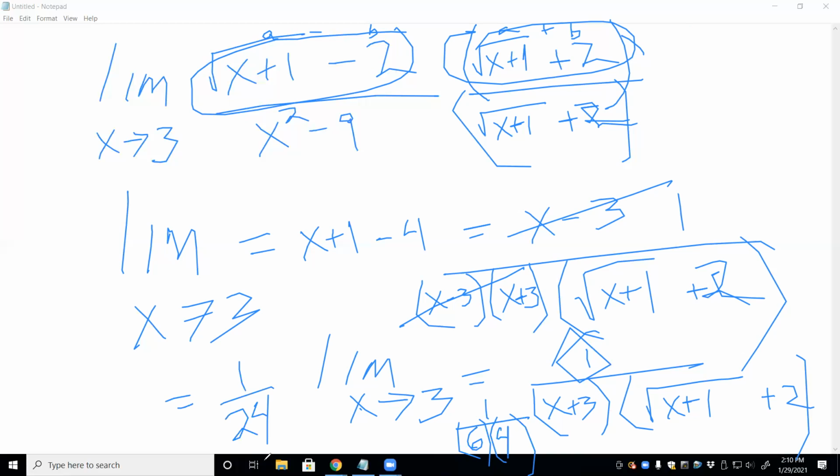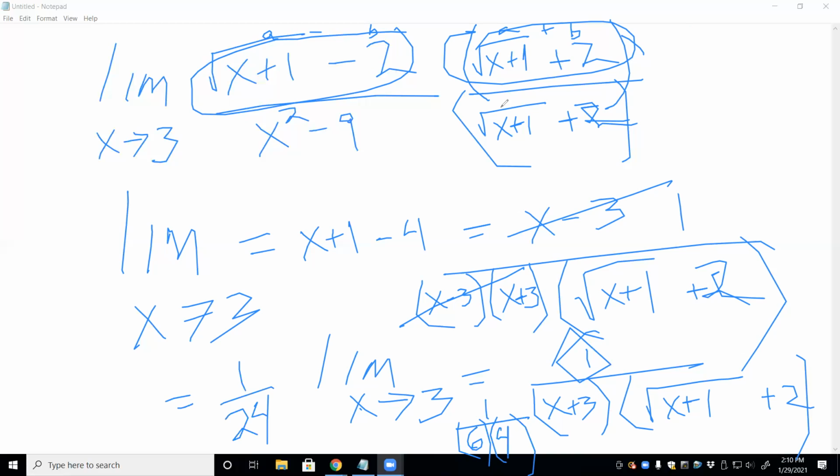This is a medium hard limit problem because it involves not just factoring, but this concept of multiplying by the conjugate, which is really an important technique. That's the second technique to use besides factoring. And in fact, we had to use both.